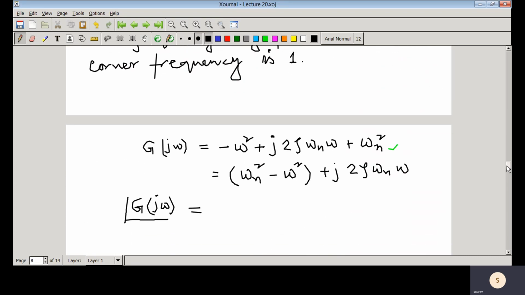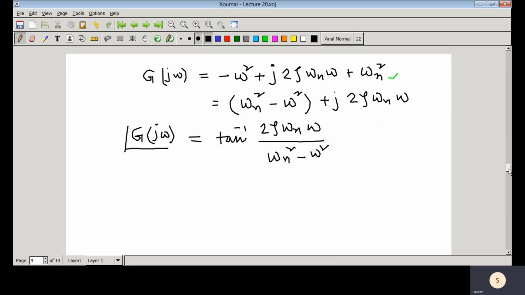Here we are trying to find the exact angle, which is tan inverse of twice zeta omega n omega divided by omega n square minus omega square. Now at omega equal to omega n, that means at the corner frequency, the angle of g of j omega would be equal to 90 degrees.